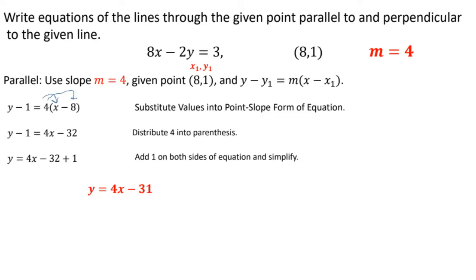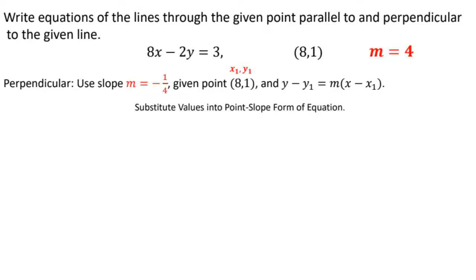We know that this is a parallel line to the given equation because, again, they have the same slope. Now, to get the perpendicular slope, I always like to tell my students it's like the opposite of the slope. First I take the reciprocal of this 4, which would be 1 over 4, and then I change the sign.